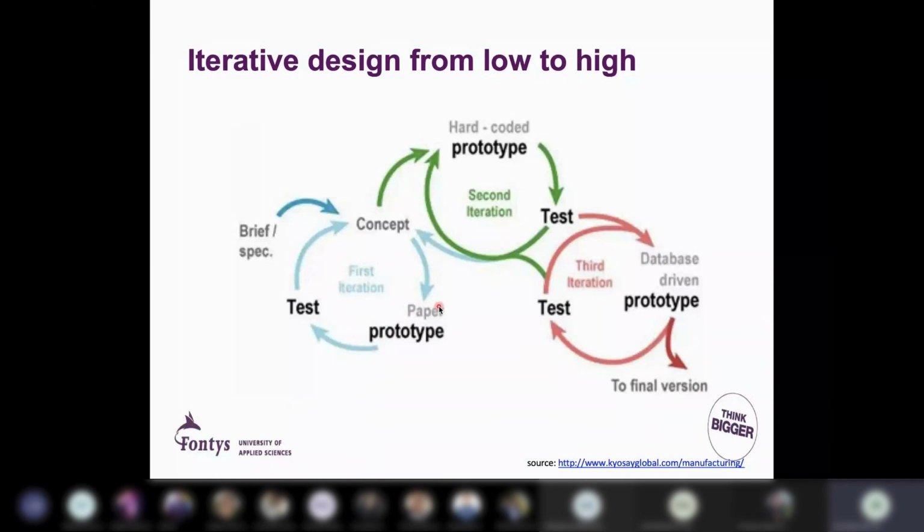So by no reason should you think that the prototype should go in this way. If you have validated your ideas, you feel confident, your company feels confident, and you have good test results based on this paper prototype, you can immediately deliver the final version. So do not think that this is 1, 2, 3 all the time. It does not need to happen that way.